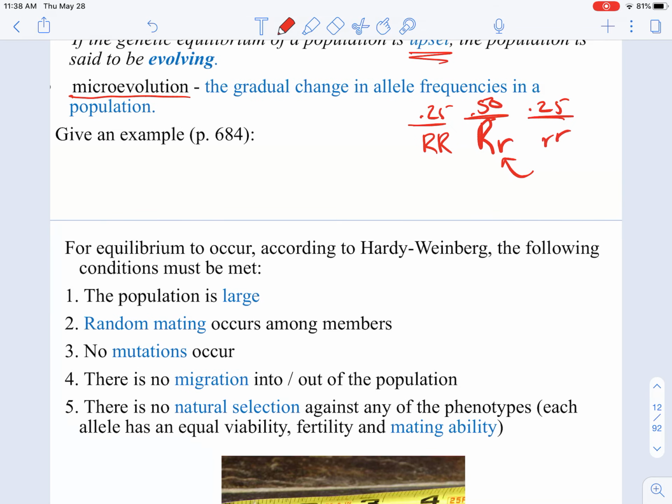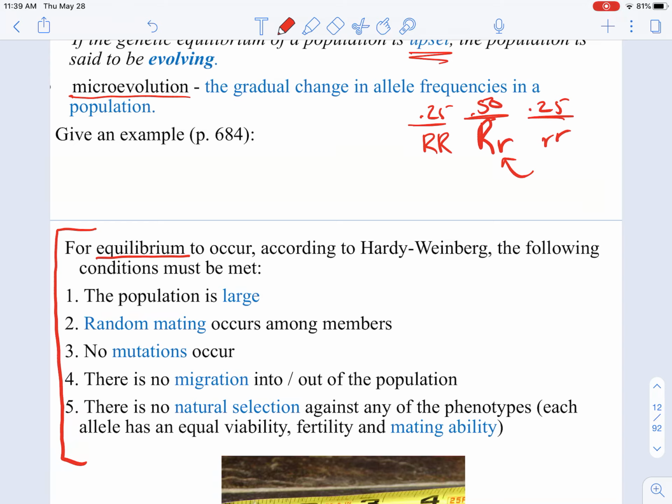So this list here, the 5 conditions to maintain equilibrium, this will be a very, very important list of 5 things found in many questions in your future. So take note about these.